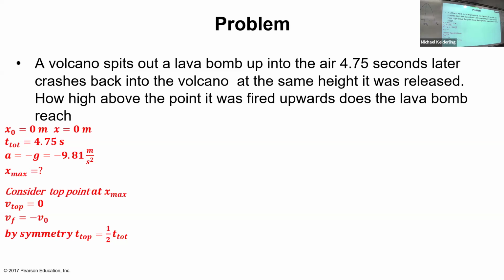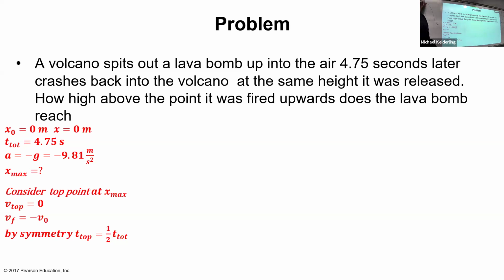One is on the way up, the other is on the way down. So final velocity is minus initial velocity. And by symmetry, the time that you reach the top is 1/2 the total time.